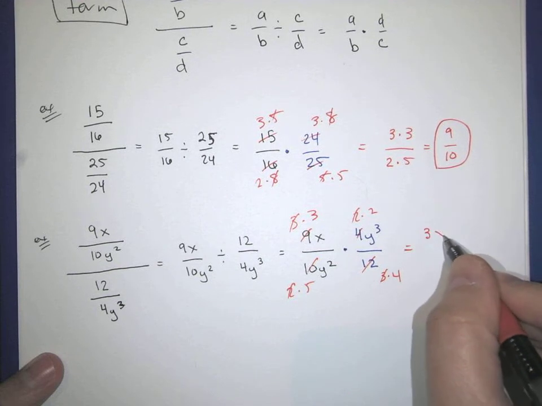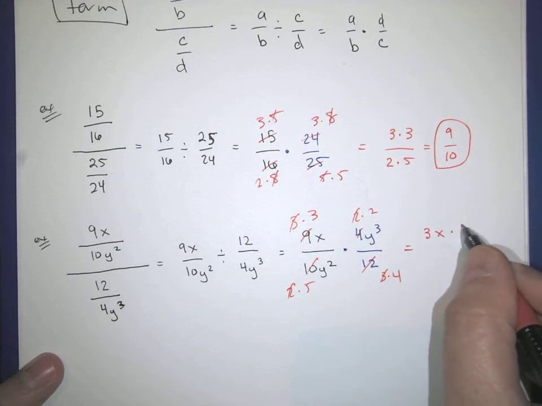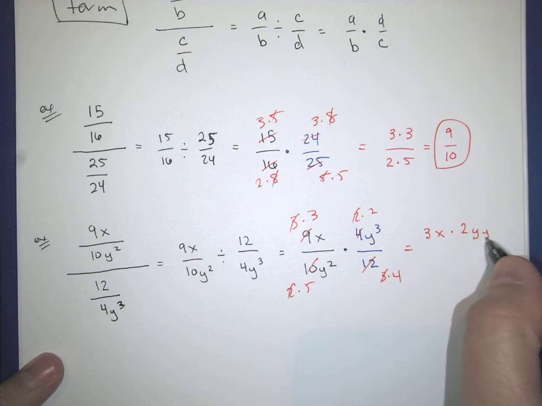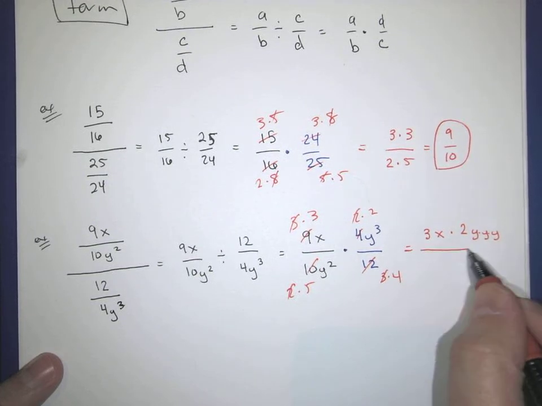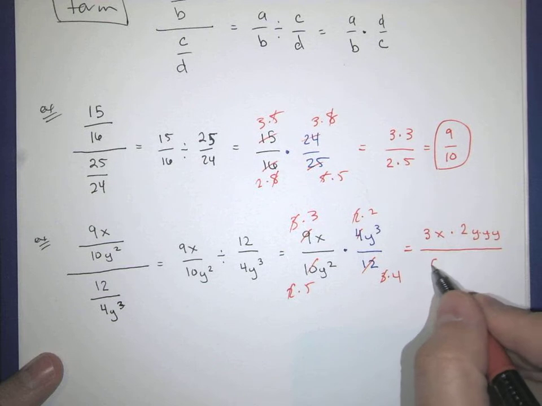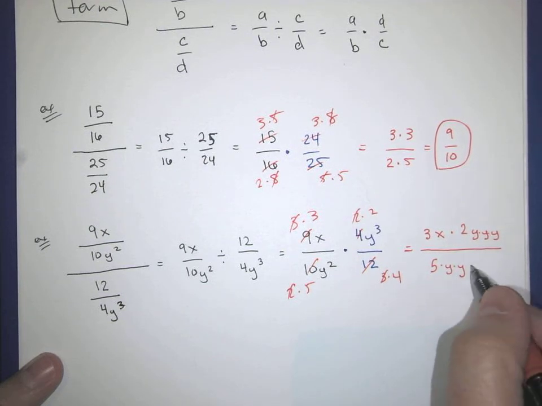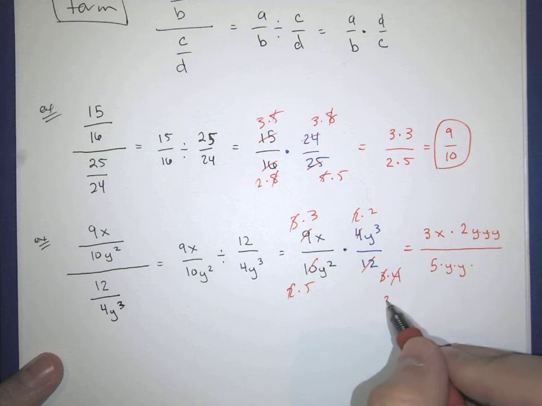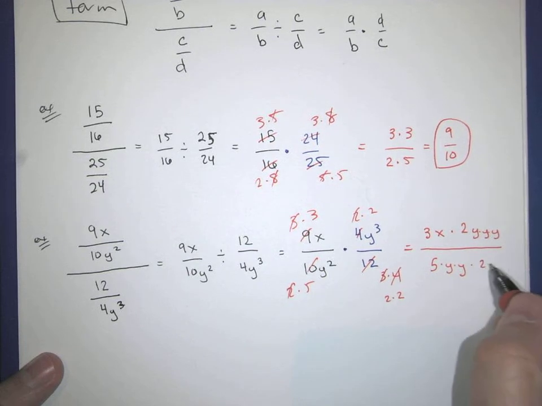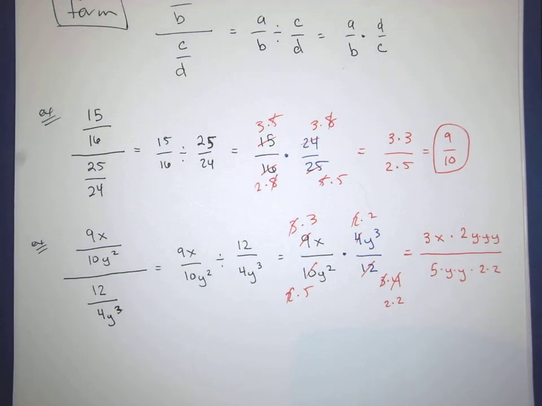So what's this? 3x times 2y cubed, which is y times y times y, I'll expand that out, all over, what do we have? 5, so y squared, y times y, times 4. I'm actually going to break 4 again, so that would be 2 times 2.